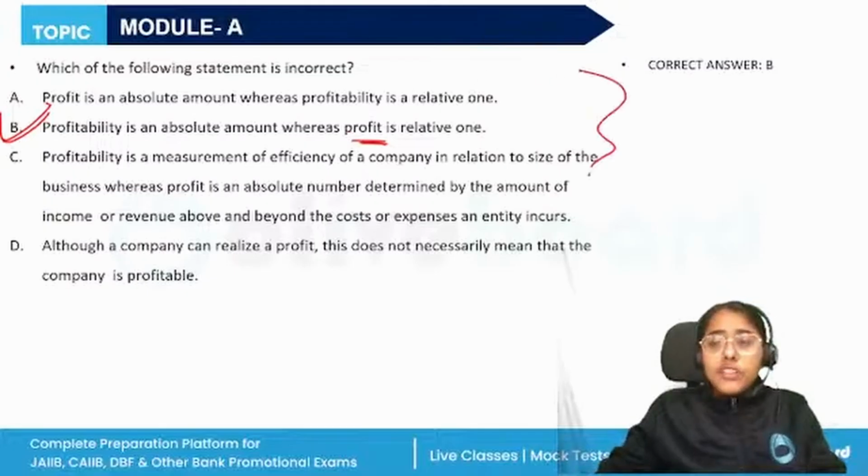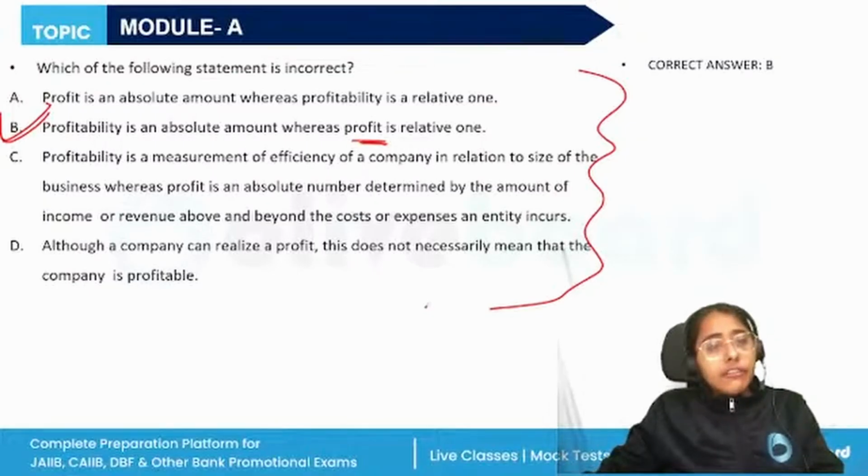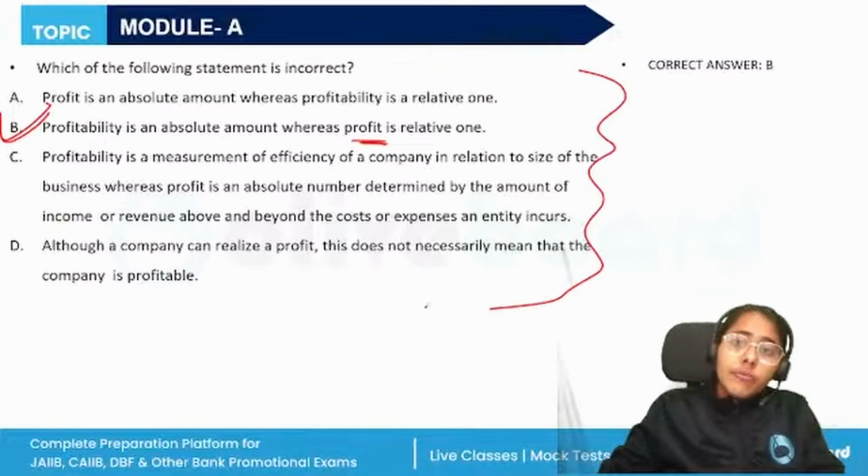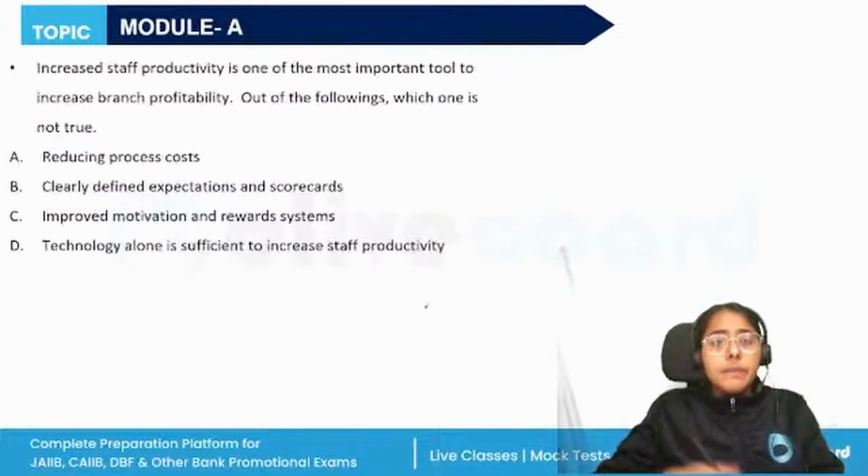These options already give us all the definitions, right? So if we make a comparison, profit is absolute, profitability is relative. Profit is a quantifiable measure, while profitability is a qualitative measure. Profit tells us in numbers the total revenue that is generated. Profitability tells us about the efficiency. So the incorrect option is option B.